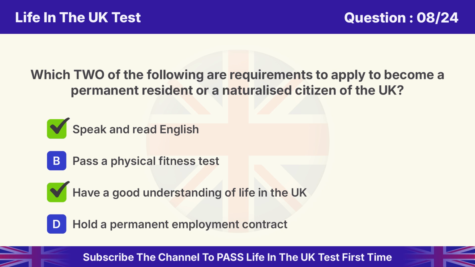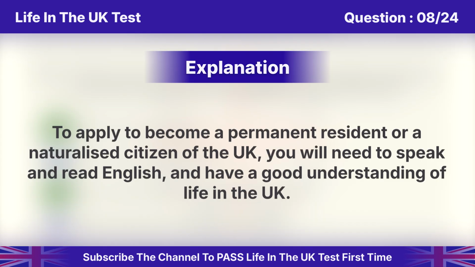Answer is A and C, speak and read English, and have a good understanding of life in the UK. To apply to become a permanent resident or a naturalised citizen of the UK, you will need to speak and read English and have a good understanding of life in the UK.